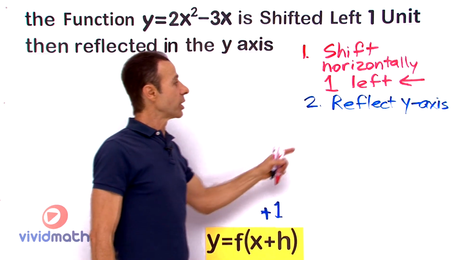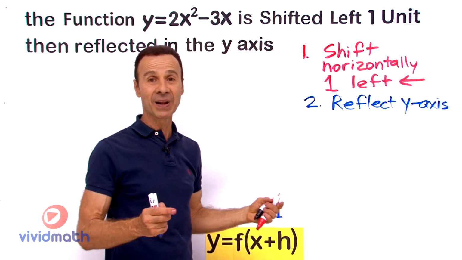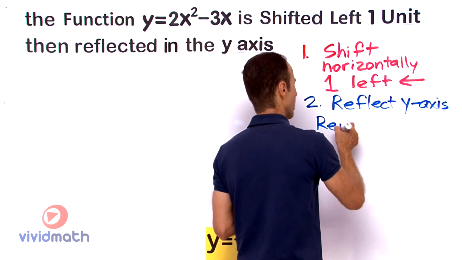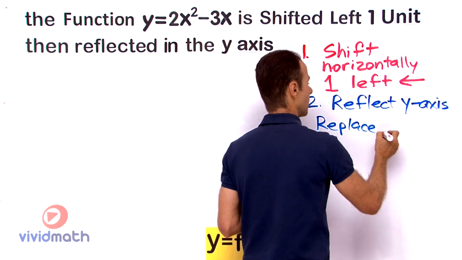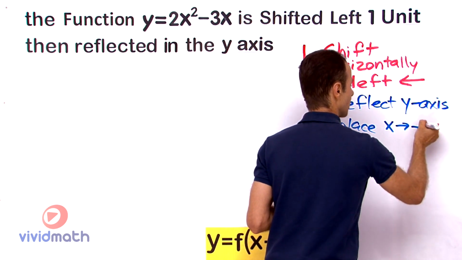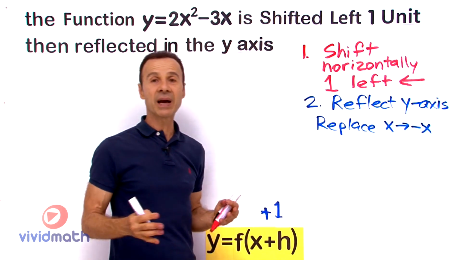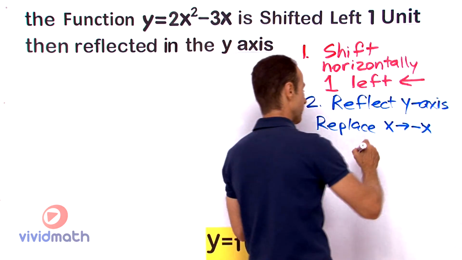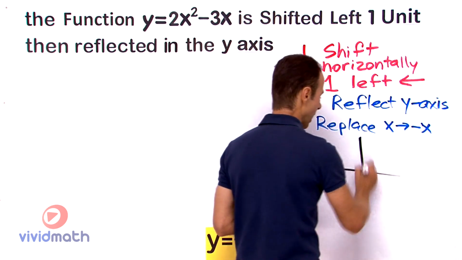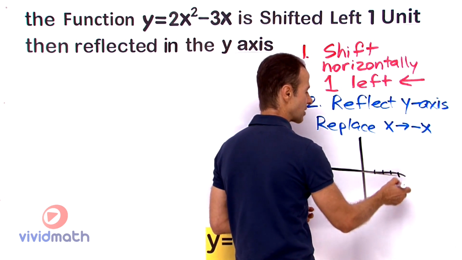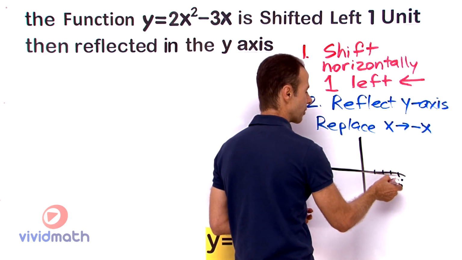Then later, we're going to reflect in the y-axis. Now, reflecting in the y-axis means we're going to do some replacing. We're going to replace the x for negative x. Why is that? Let me explain. So let's say we got the y-axis and the x-axis, and we got some values along the x-axis like 5 and 4 and 3.